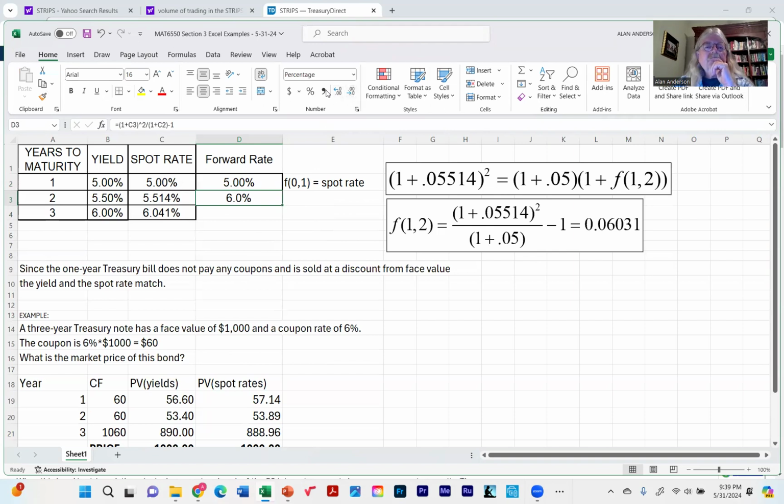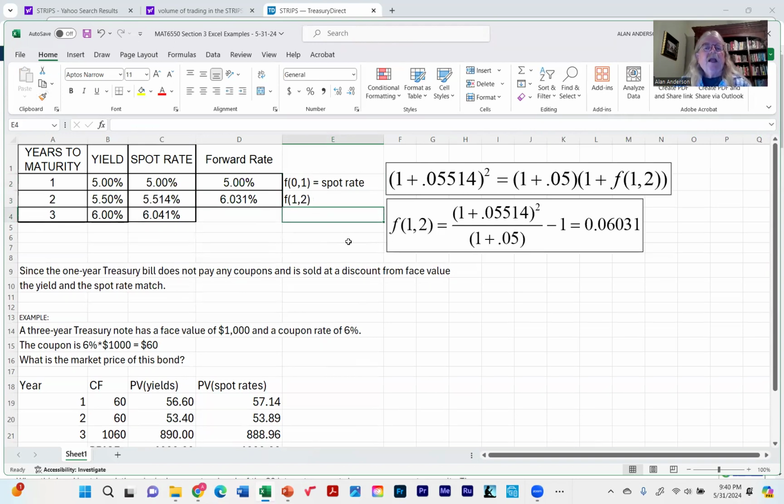And then, so what does that suggest about this one? Now this, and don't forget, this is F1,2. And that makes this F2,3.